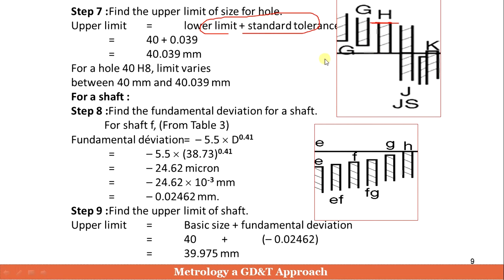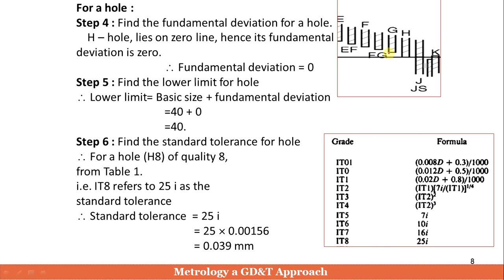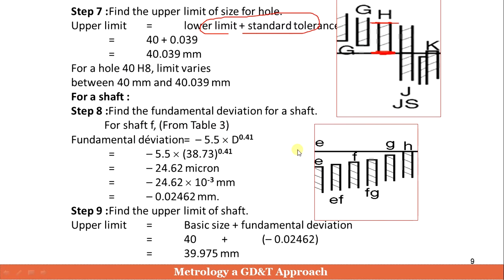The lower limit will be equal to the basic size plus the fundamental deviation, which is 0, so it is 40. The upper limit will be the lower limit plus the standard tolerance, so 40 plus 0.039 gives 40.039. So we have got all the limits for the hole: 40 H8 has 40 mm as the lower limit and 40.039 as the upper limit.